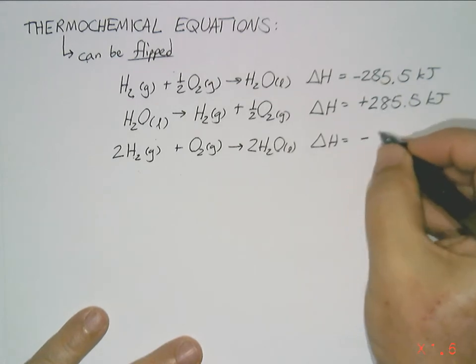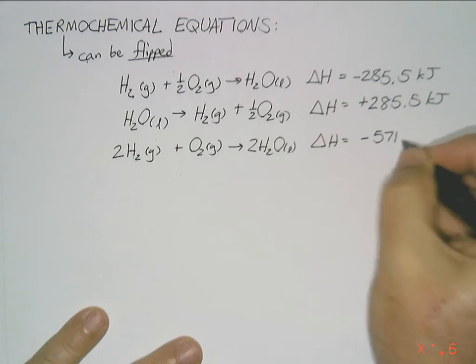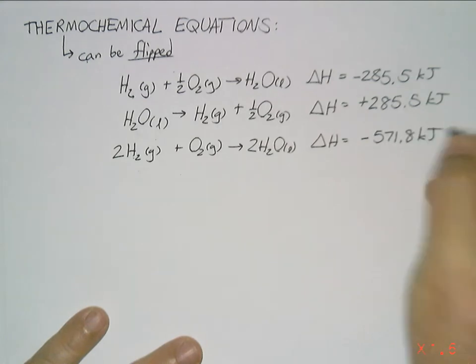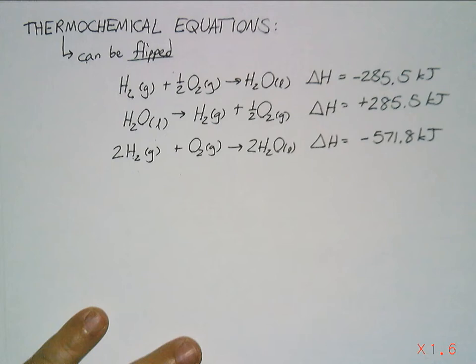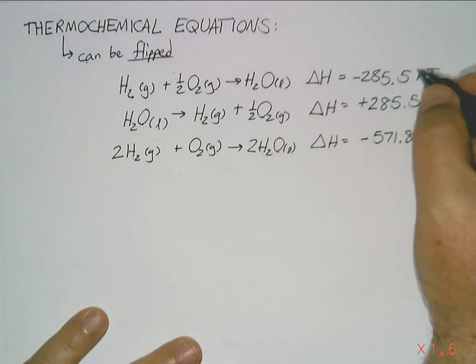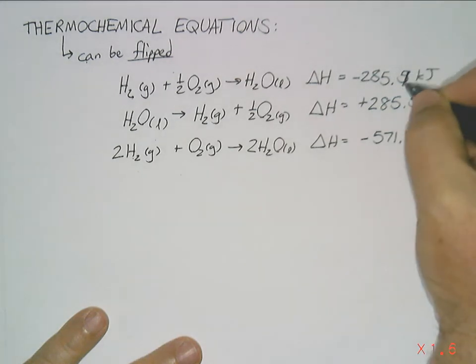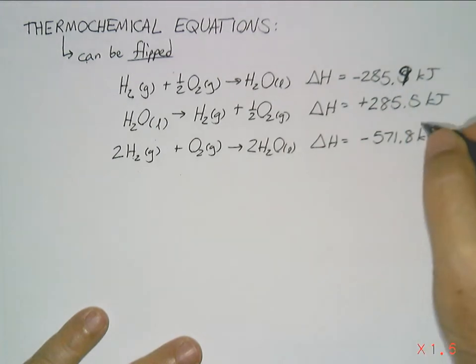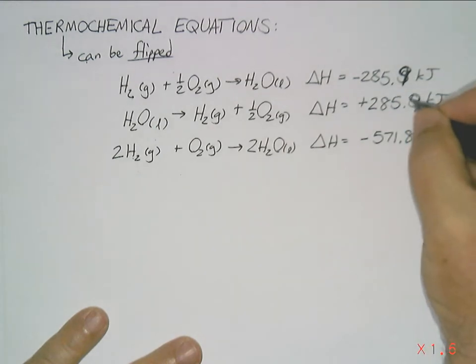So what's that? It's like minus that, I think. Is that right? Yeah, I have this written wrong. This should be 285.9. Then I have everything consistent.